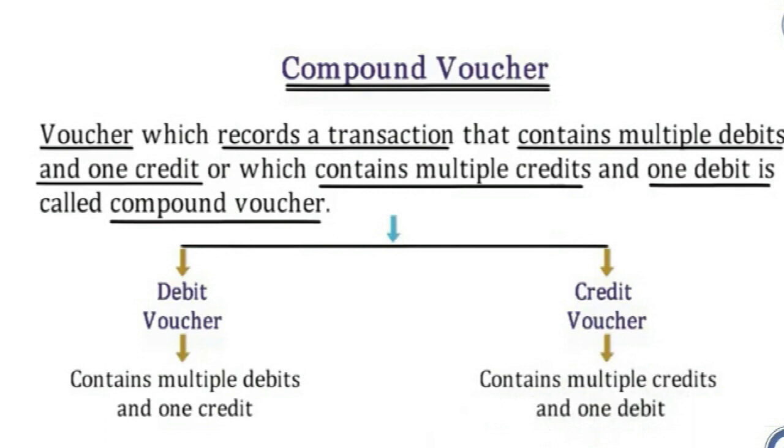So these are the details of the vouchers and the formats of voucher. Now you have understood the term voucher. So we will proceed now to the journal, the basic book of original record.